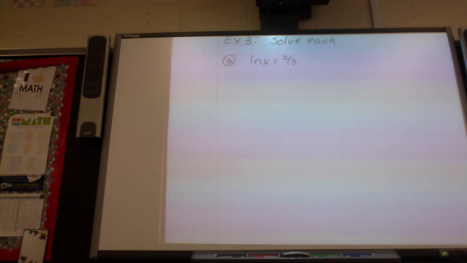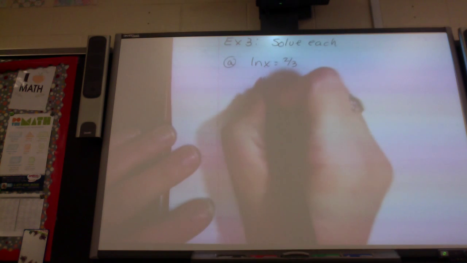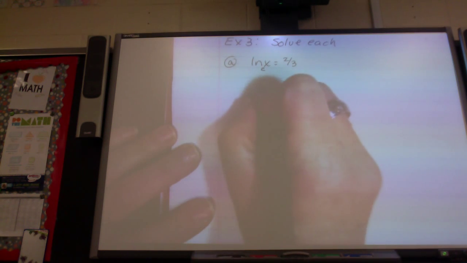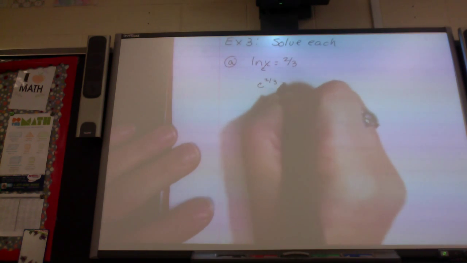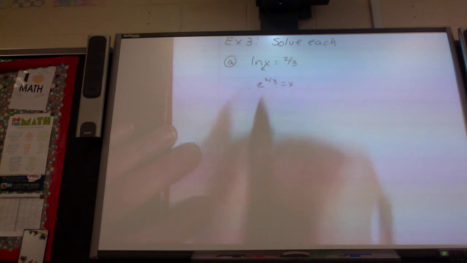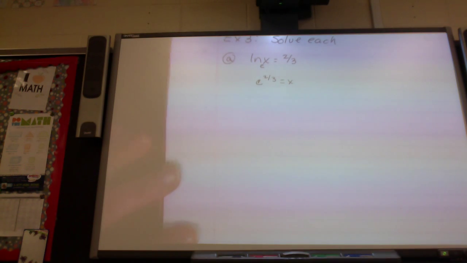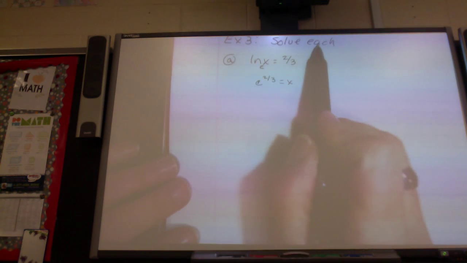How many know how to do this one? Can I apply this definition again? This is a base e, so e to the 2/3 equals x. Am I going to put that into my calculator and give you a decimal answer? It says solve each.